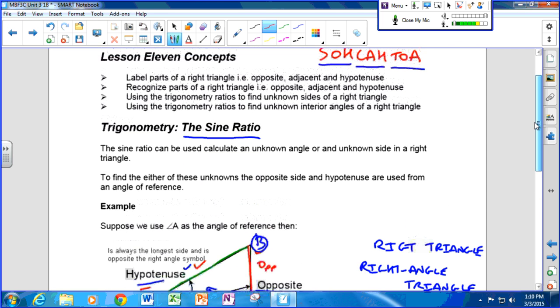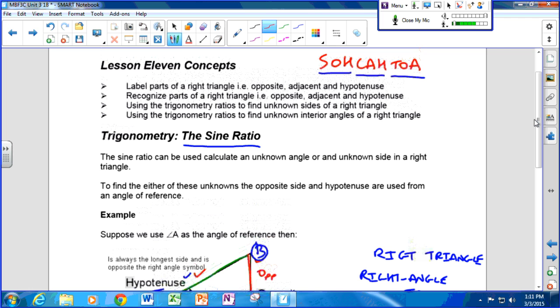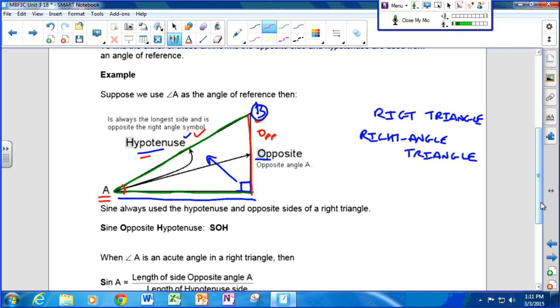So what we did yesterday was we went through this idea that if we know some things about the right triangle, then we can actually work out the rest of the information about it. So if we have an angle and maybe a side, then we can work out other angles and sides in the triangle.